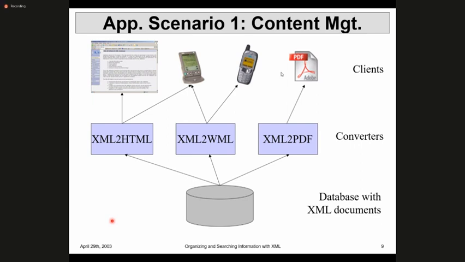So you can represent this in many ways. XML to HTML, you can see it like this; XML to WML, you are representing on mobile devices; and XML to PDF, we are representing this as PDFs, right?